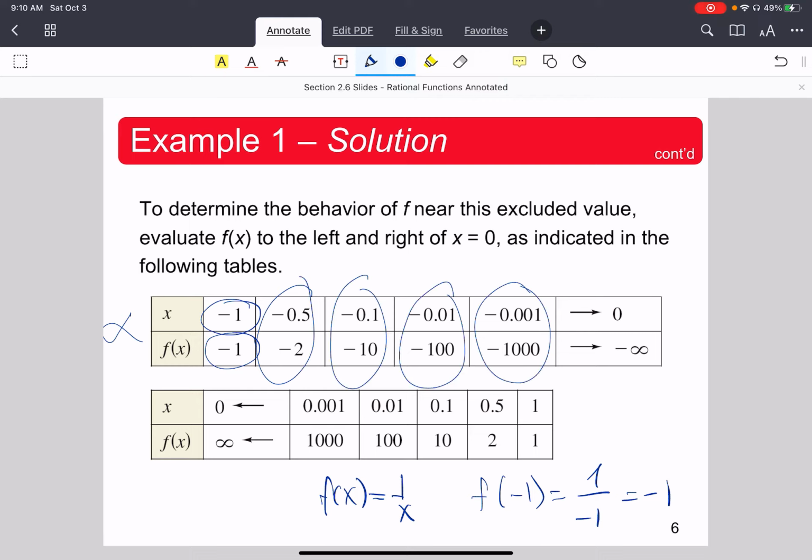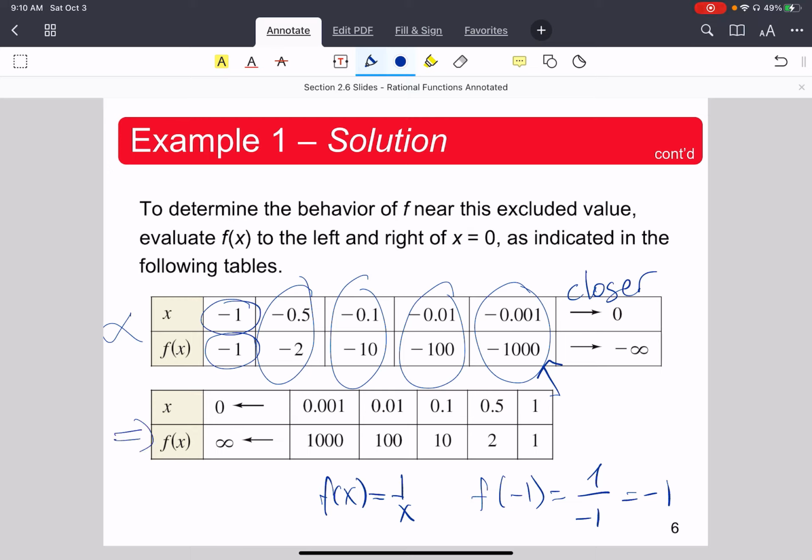But you realize as we get closer to 0, the bottom seems to be getting smaller and smaller. In other words, the number is going to look bigger, right? So it's going to be like -1 million at some point, but still x is never going to touch 0.